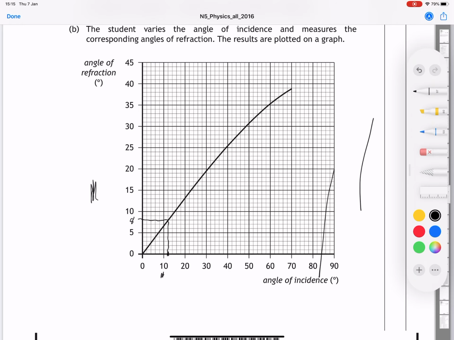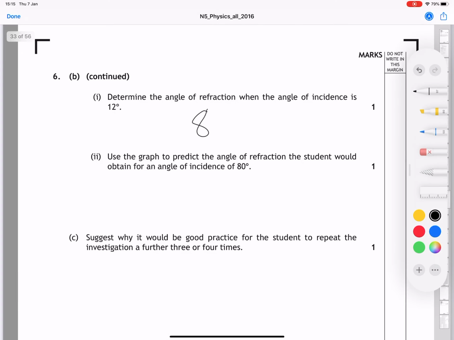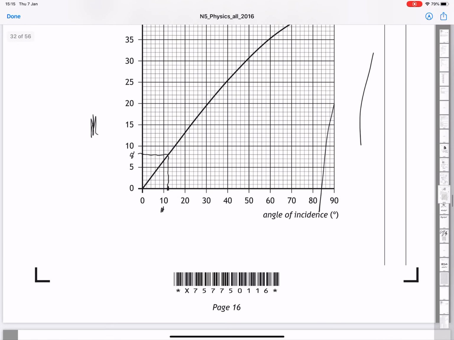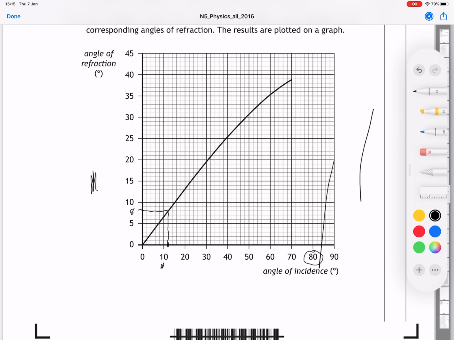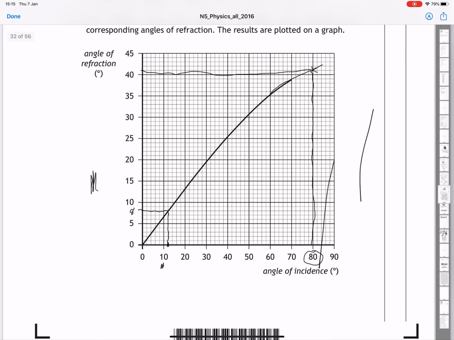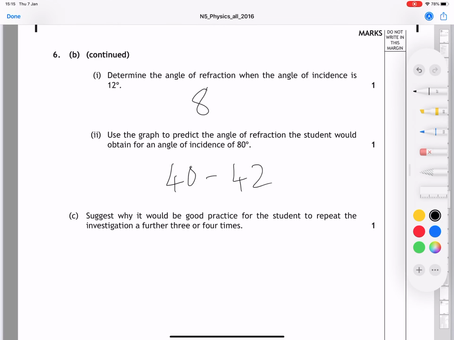So the answer is 8 for that one. Use the graph to predict the angle of refraction when the angle of incidence is 80. So when the angle of incidence is 80, which is here, all the way up, you want to continue that graph on, and I got it to be about there, which is 1 peak above 40, so around 41. But the marking scheme was allowing any answer between 40 and 42.